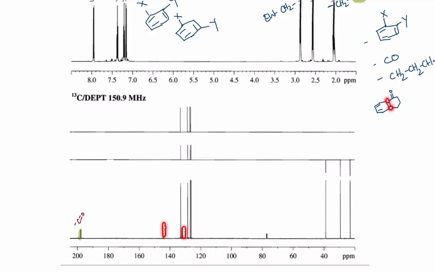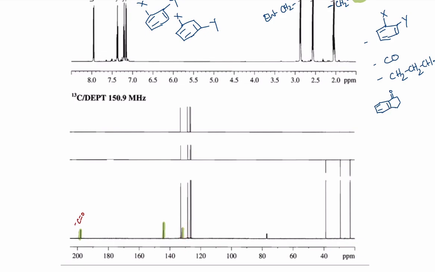So these 2 peaks should correspond to that. And we can assume that this carbon right here is going to be existing at 145-ish ppm, whereas this carbon is going to be existing about 132 ppm.